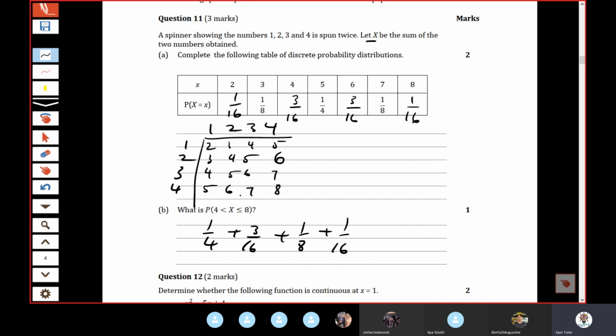The probability that the sum of your 2 numbers obtained is less than or equal to 8, but bigger than 4. So it has to be 5, 6, 7, 8. And you get an answer.